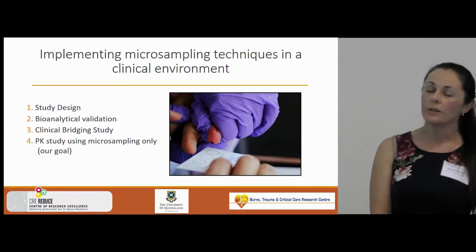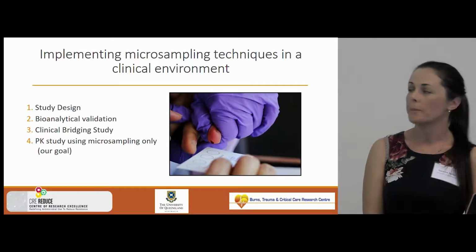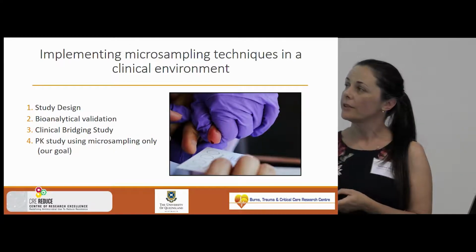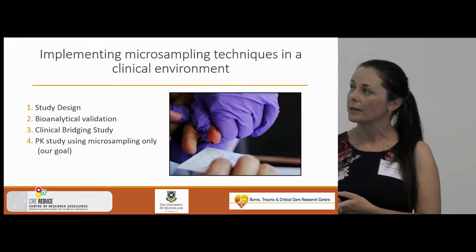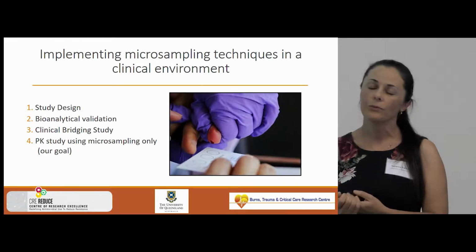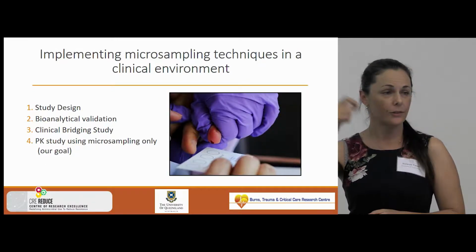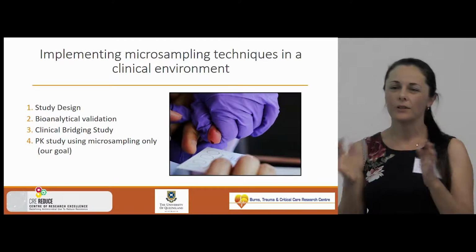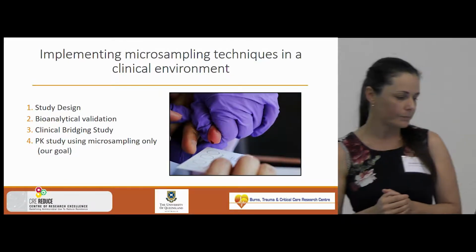The type of testing that you're looking at when you're using a microsample is hematocrit testing, dried sample testing, and also, if some people take a capillary tube and dilute it prior to storage or transport, then you need to do a dilution integrity test.